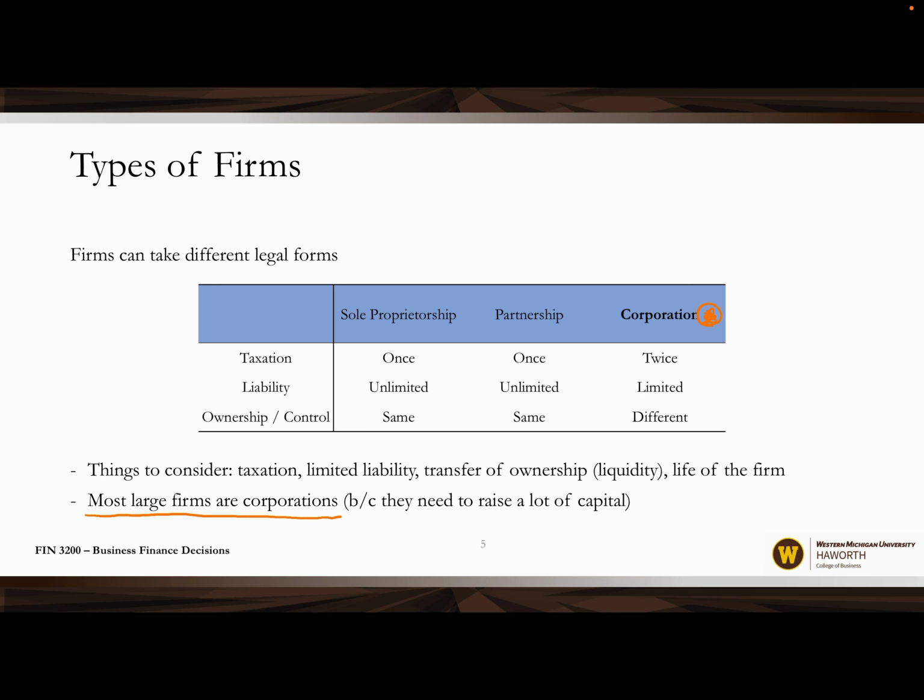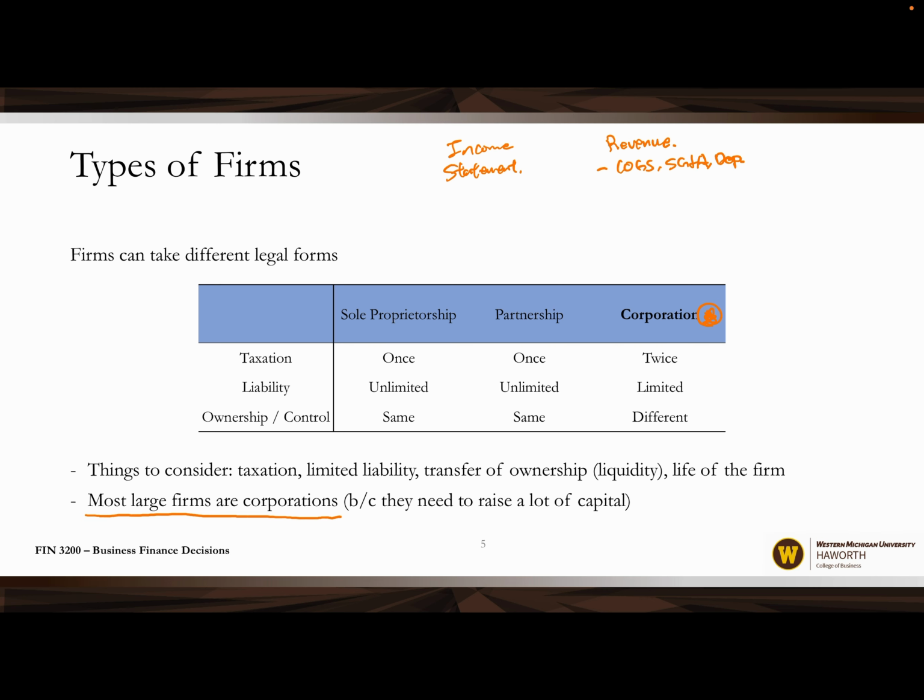If you look at the corporate income statement, going back to your accounting course, it looks something like this. First, you start with revenue, and then you have operating expenses like the cost of goods sold, SG&A, depreciation, and so on.